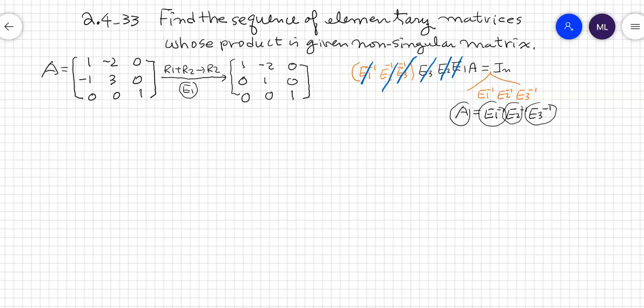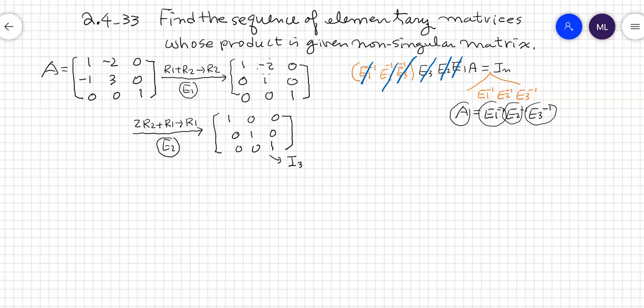So next one is, we'd like to make this guy 0. So twice of R2 plus R1 goes to R1. So that means 1, 0, 0, 0, 1, 0, and 0, 0, 1. So we have I3 here. Now this is E2.